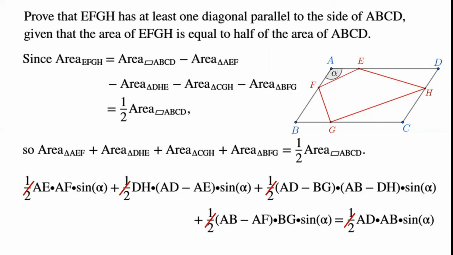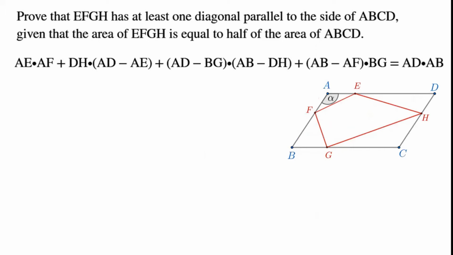Half on the left-hand side of the equation and that on the right-hand side cancel. Sine alpha on the left-hand side and that on the right-hand side cancel.